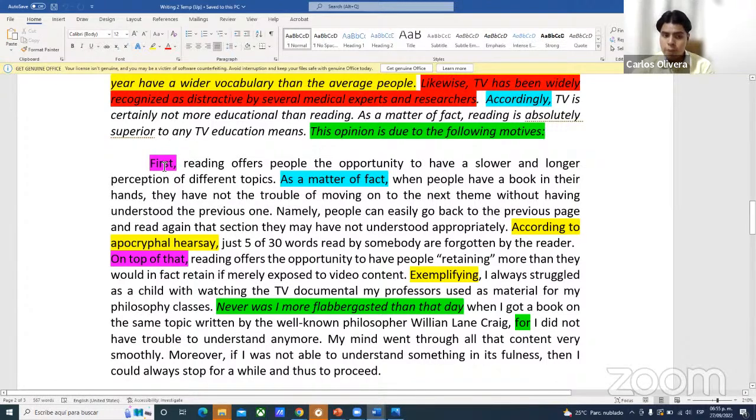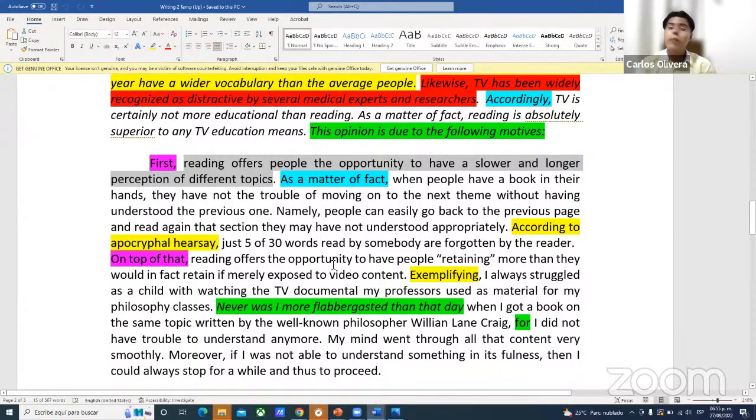After you write first, you have to include your first argument. These arguments can be whatever you can come up with. Dear Shirley, these arguments can be anything of your own imagination and your own invention. This is the first argument that I gave to support my opinion: reading offers people the opportunity to have a slower and longer perception of different topics.